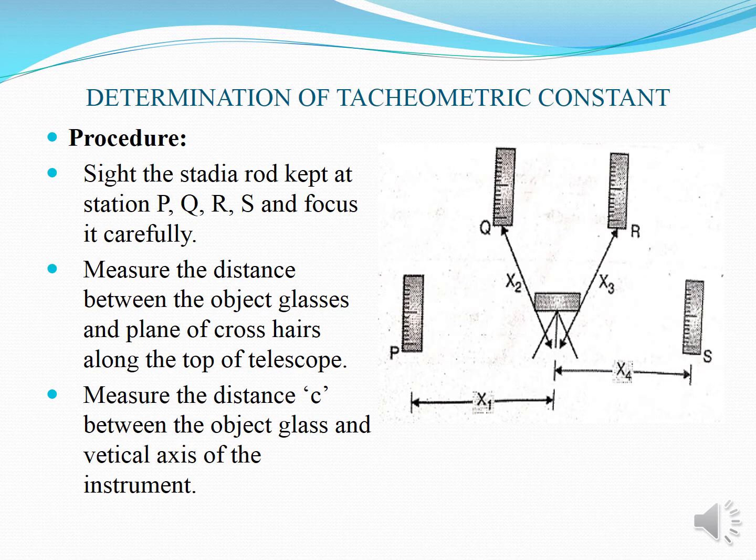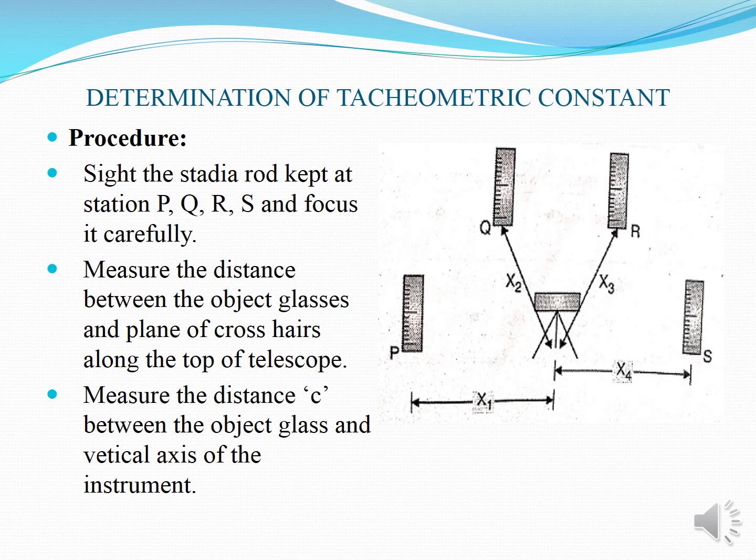From the position of the tachometer, sight through the telescope and bisect the points P, Q, R and S on which the stadia rod is kept, and focus carefully using the telescope.